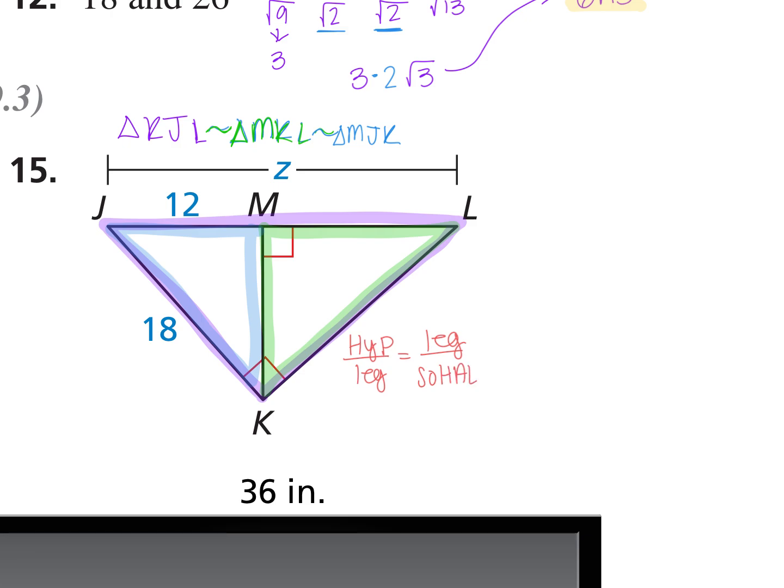Plugging in what I have, I do not have my hypotenuse, so that's z over my leg, which is 18, equals 18 over 12. Cross multiply, I'm going to get 12z equals 324. Divide by 12, and z is going to equal 27.